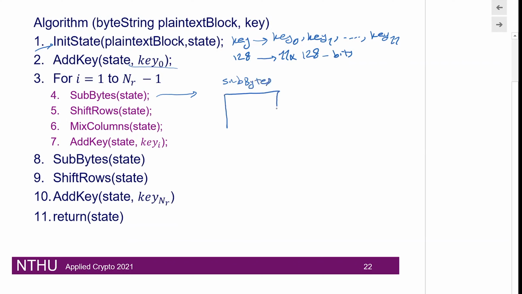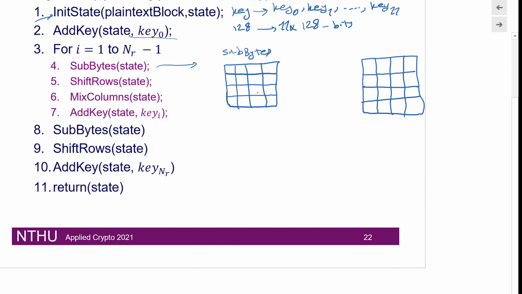In the sub bytes, I take this matrix. Suppose this is my state matrix, whatever it is. I take any element from this table, apply a substitution table, and replace the value with whatever value I have in the substitution box. That is the idea, in a very abstract and high-level way. How would the sub bytes work?